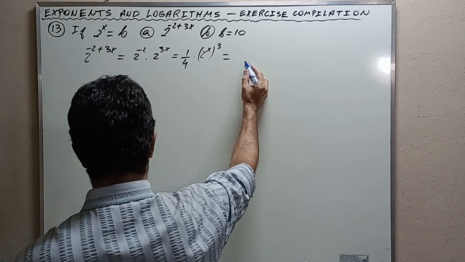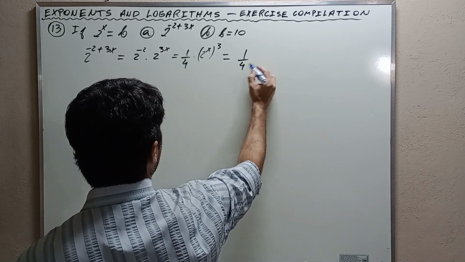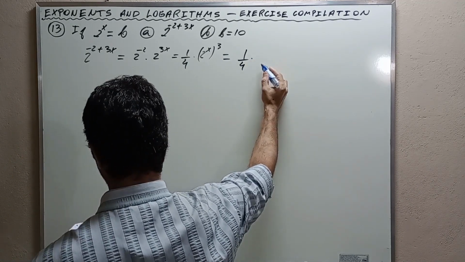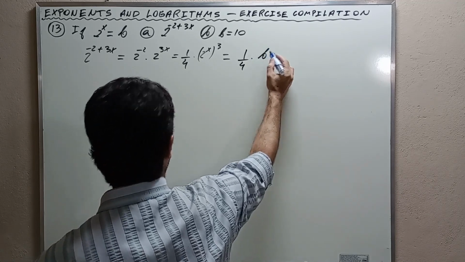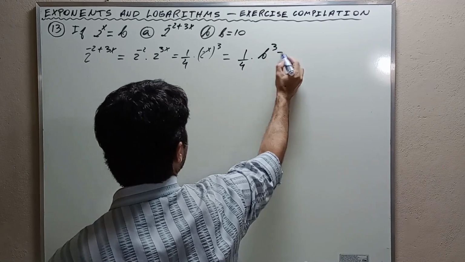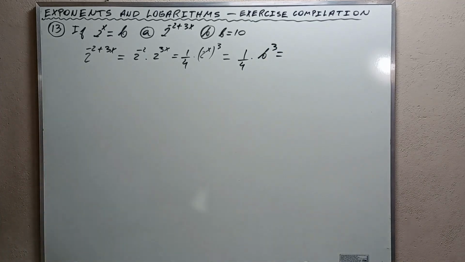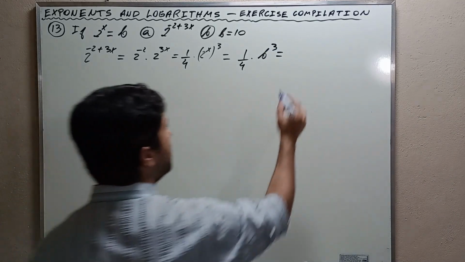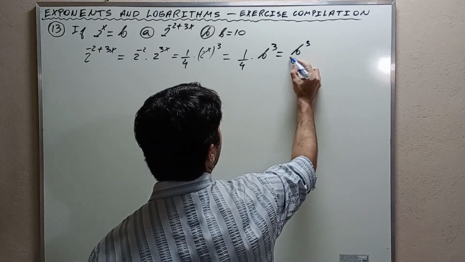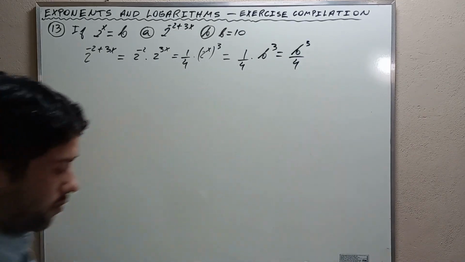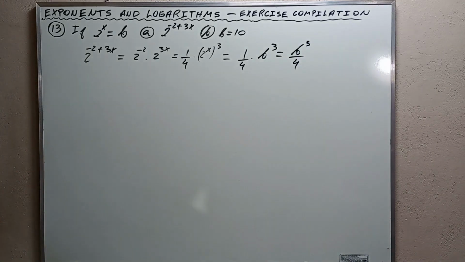It becomes a fourth of b cubed. And ultimately we find that it is b cubed divided by 4. This for letter A.